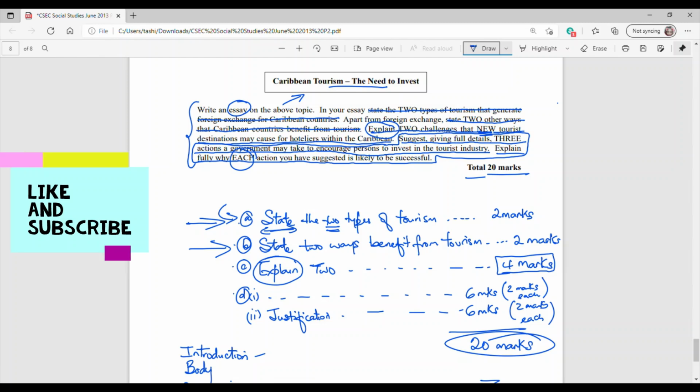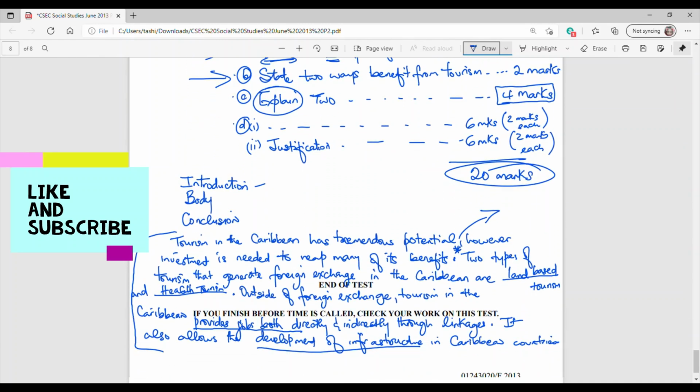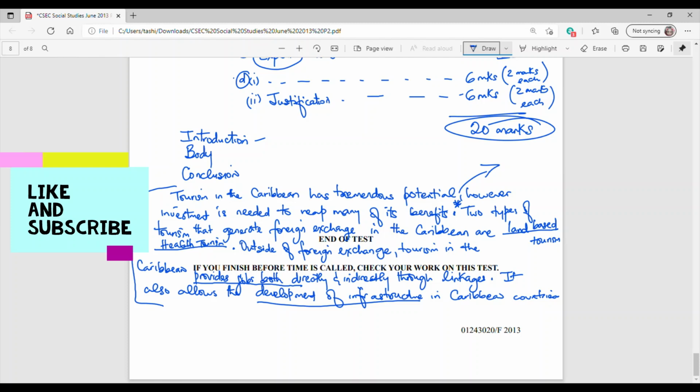So with that, now we have to look at it from their perspective. How exactly will these hoteliers have challenges? What kind of challenges exactly will they be facing? So number 1, we can say, I'm trying to create some space here. So this is a new paragraph here. We can say that the new destinations may offer a more attractive product.